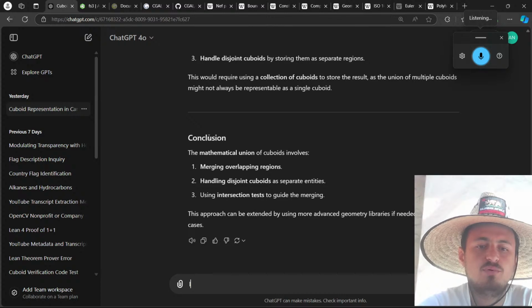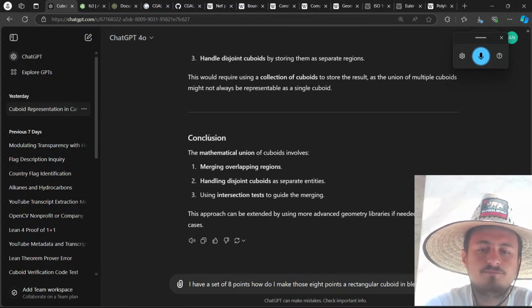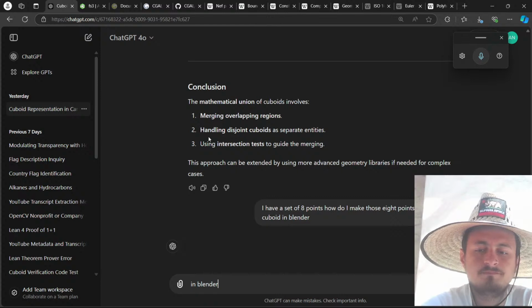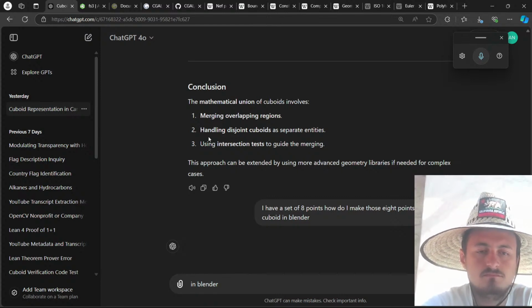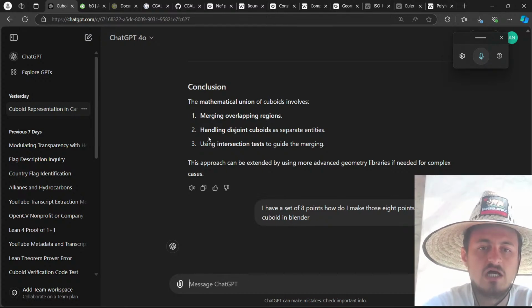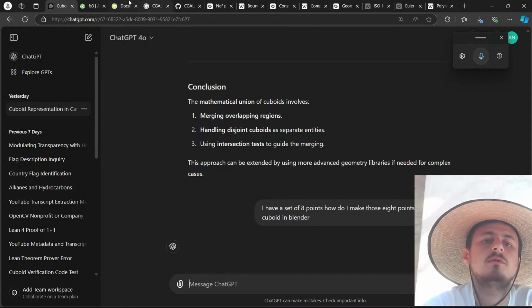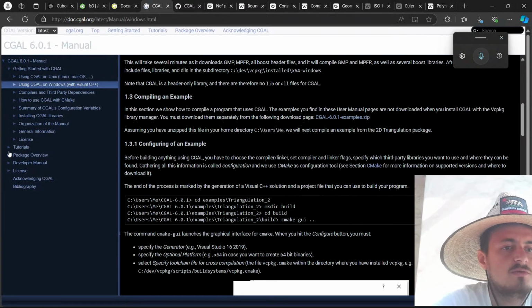I have a set of 8 points. How do I make those 8 points a rectangular cuboid in Blender? Ah, yes. Thank you. Let's see, where are the tutorials?